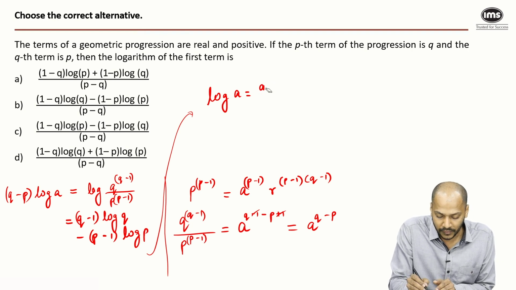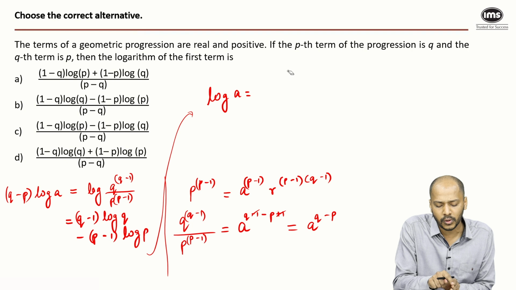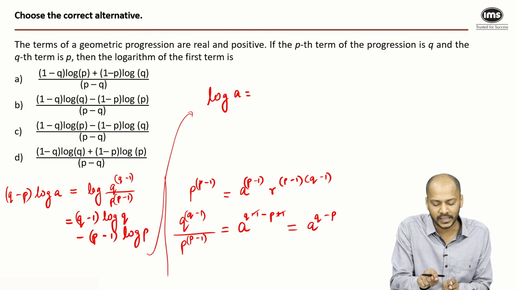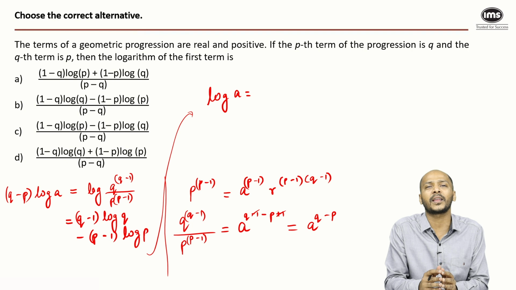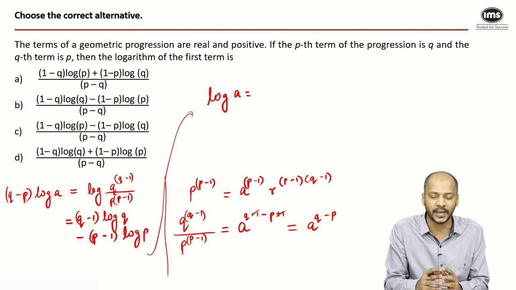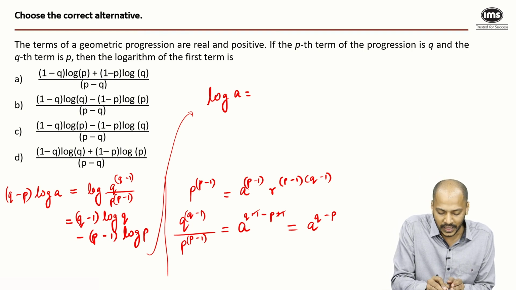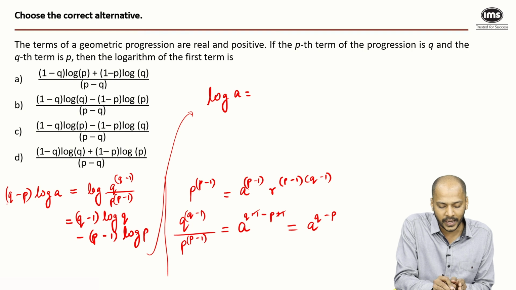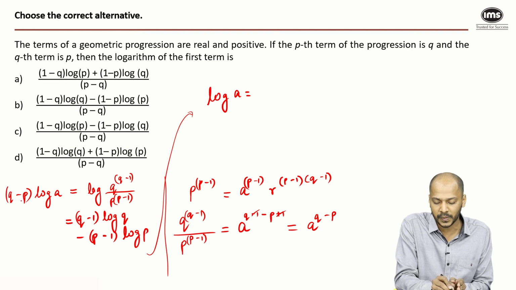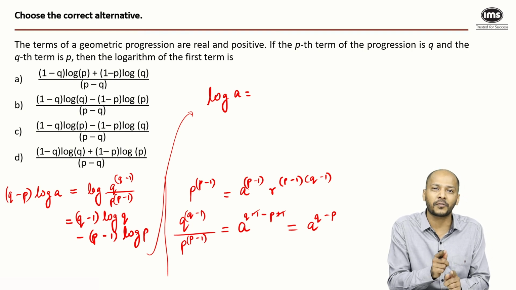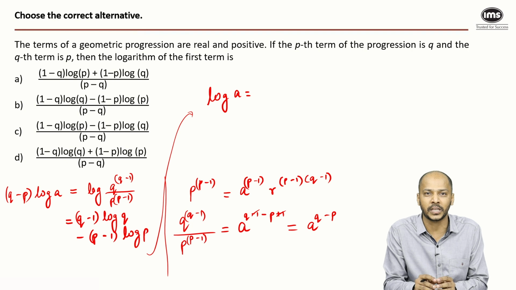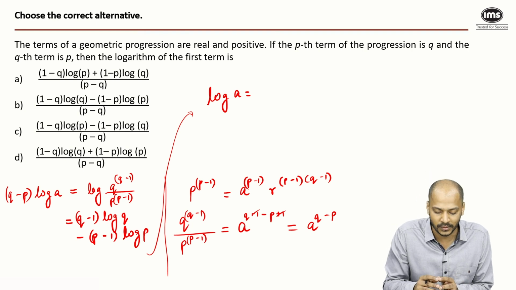q minus, and I keep looking at the options also. All the options have 1 minus q, 1 minus p, and the denominators have p minus q. So I think everything is going to get multiplied by minus 1. The order will get reversed. See here, each term is q minus 1, p minus 1, and on the LHS the order is q minus p. If I reverse the order of difference on LHS and RHS for each term, the equation would remain the same.